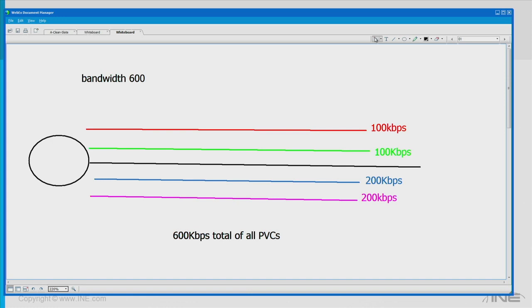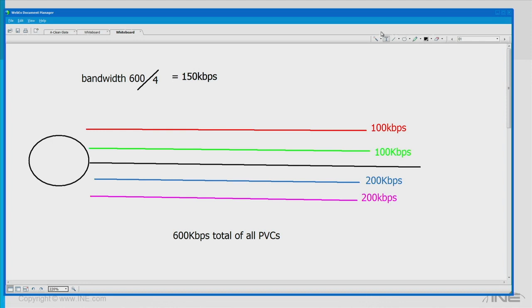He's going to say, okay, 600. Then for 600, I'm going to divide that between all the PVCs. I've got 4 PVCs. So if I take that bandwidth, that gives me an average of 150 kilobits per second for each PVC.